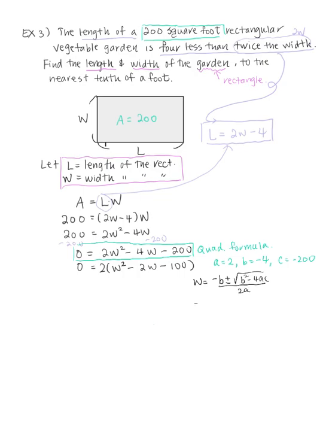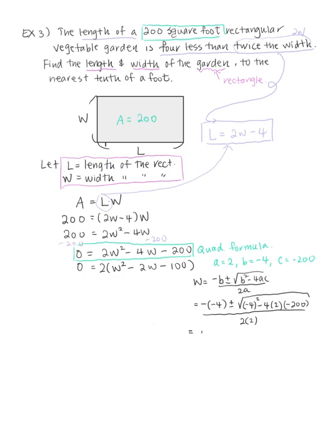So let's follow the formula. You're going to have negative 4 plus or minus the square root of negative 4, whole quantity squared, minus 4 times 2 times minus 200, and then the whole thing over 2 times A, so 2 times 2. Let's keep going.